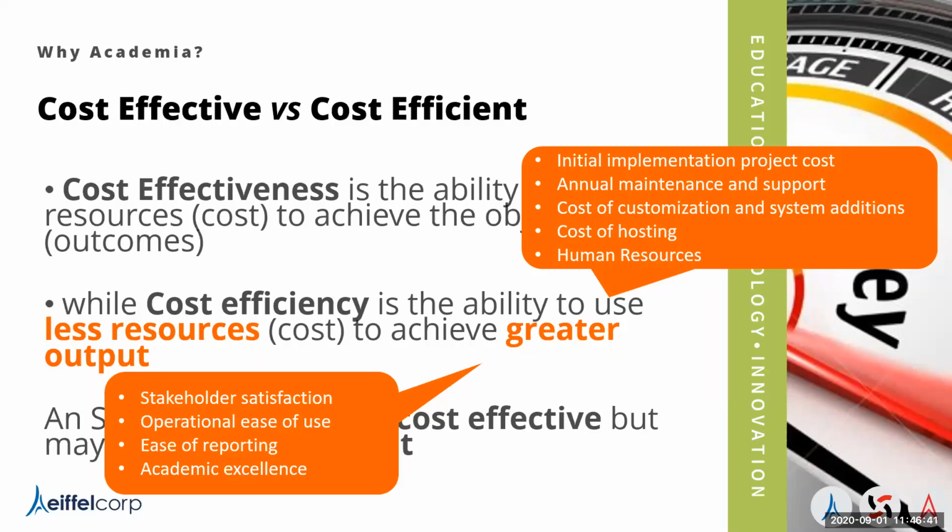To achieve the greater outcome, where does that outcome lie? Of course, that outcome lies with your stakeholder satisfaction, the operational ease of the system, the ease of reporting, the academic excellence that you want to achieve, all things that are part of your question around whether this system is cost efficient when we look at the SIS.